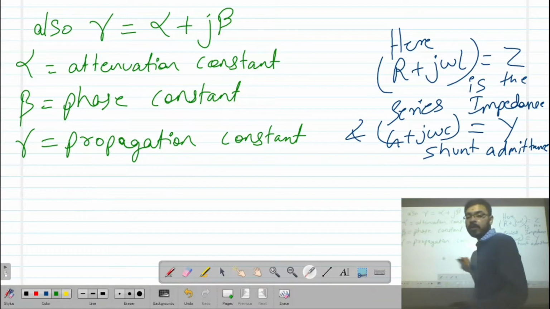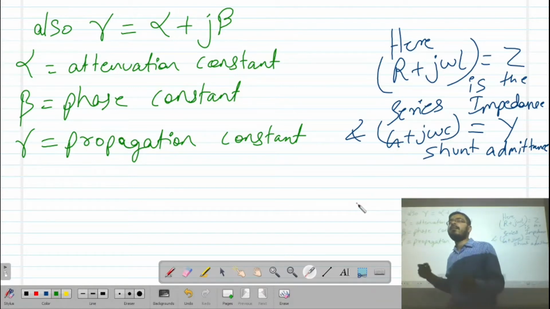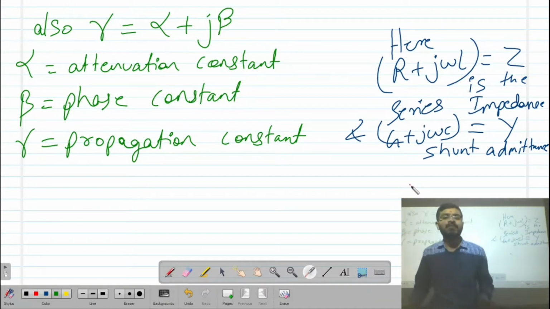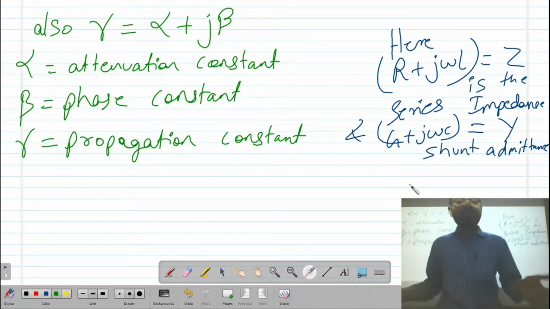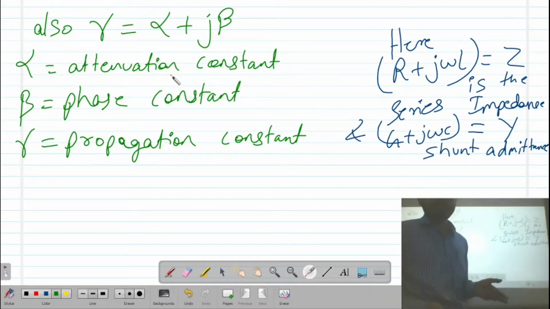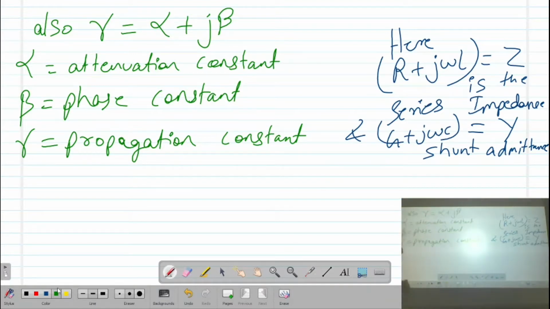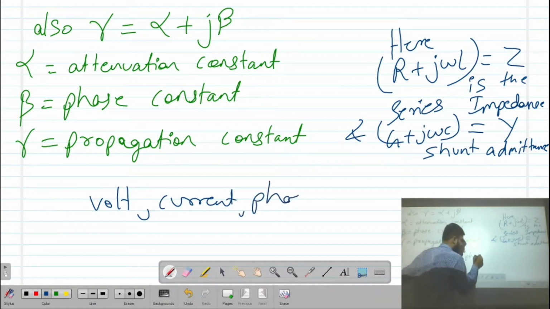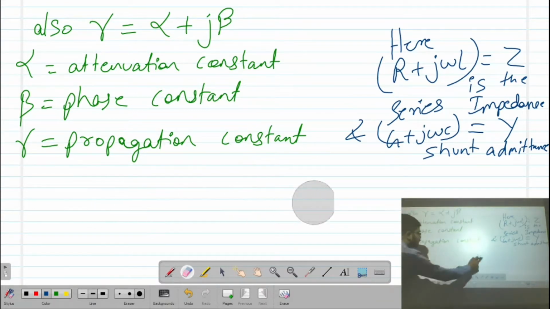As the signal is traveling, it will definitely have a change in some of the parameters or values, and that change is known as attenuation. That change can be in the form of voltage, current, or phase, or maybe in the direction. Right?